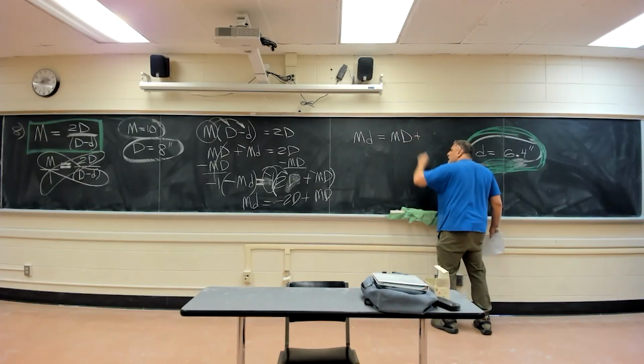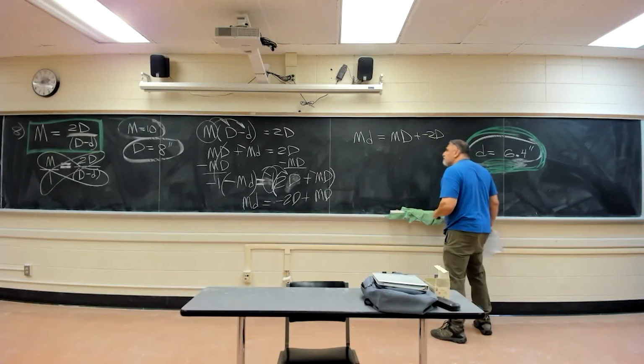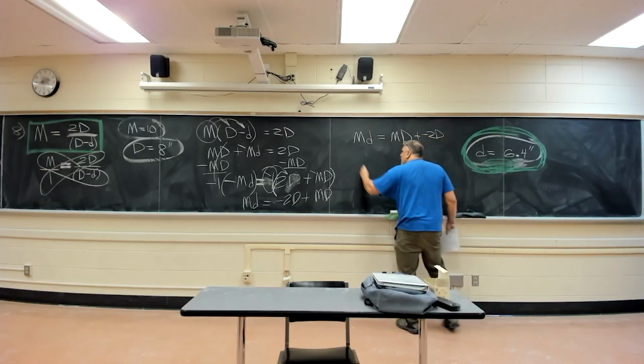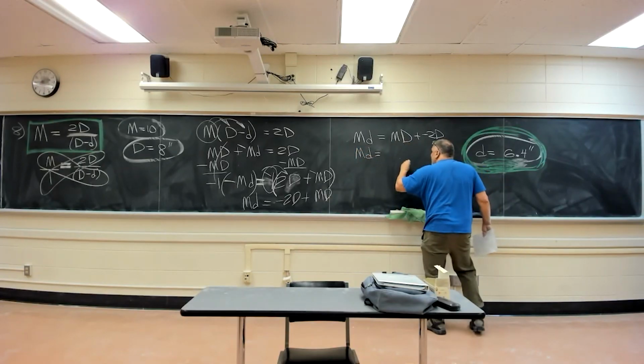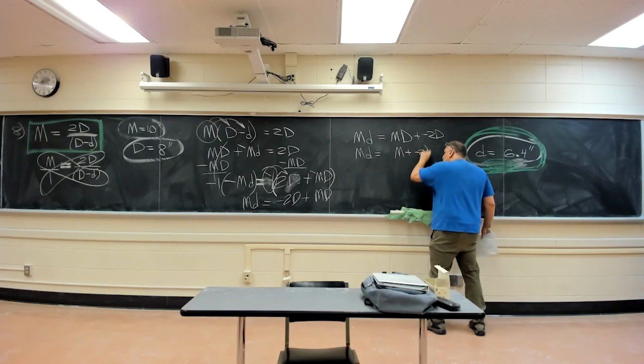Plus negative 2d. Let's just put the order a little different. Let's take this guy, leave it alone. Let's pull a d out of there. You got m plus -2.